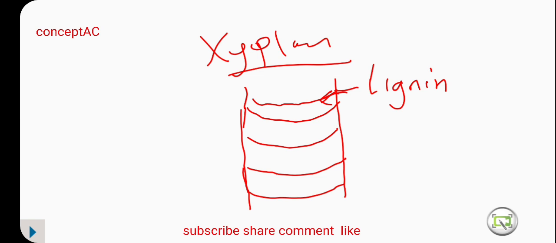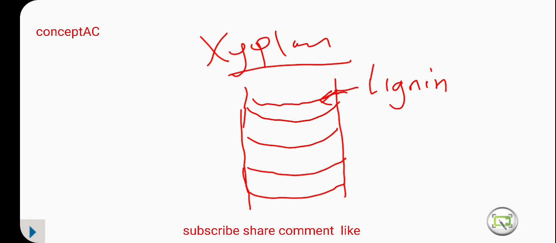What is the function of xylem? It is to transport water and mineral salts. It's different from a root. A root absorbs, but this one is just to transport. After the root has absorbed, the xylem transports that water to the parts where water and mineral salts are needed.